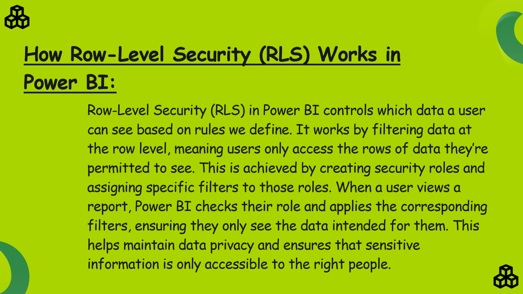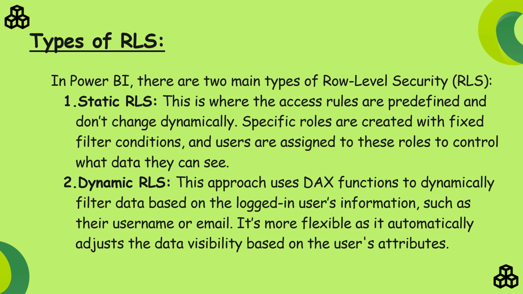So let's move forward. These are the types of RLS we have. There are two main types of RLS: static and dynamic. As per the names, static means having the same state in all situations and in all processes.